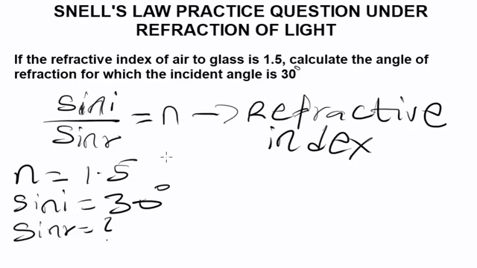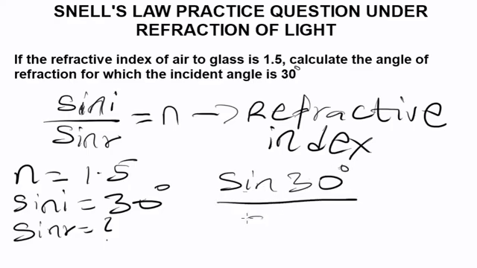To get it, all you simply have to do is substitute these values in this expression. So we have sine 30 degrees over sine r equals 1.5.